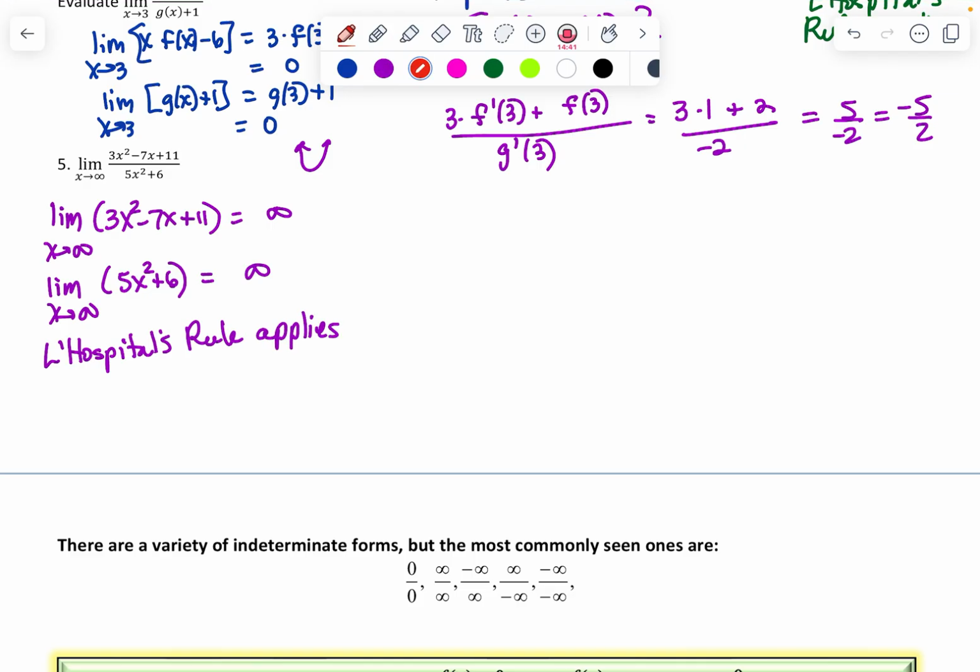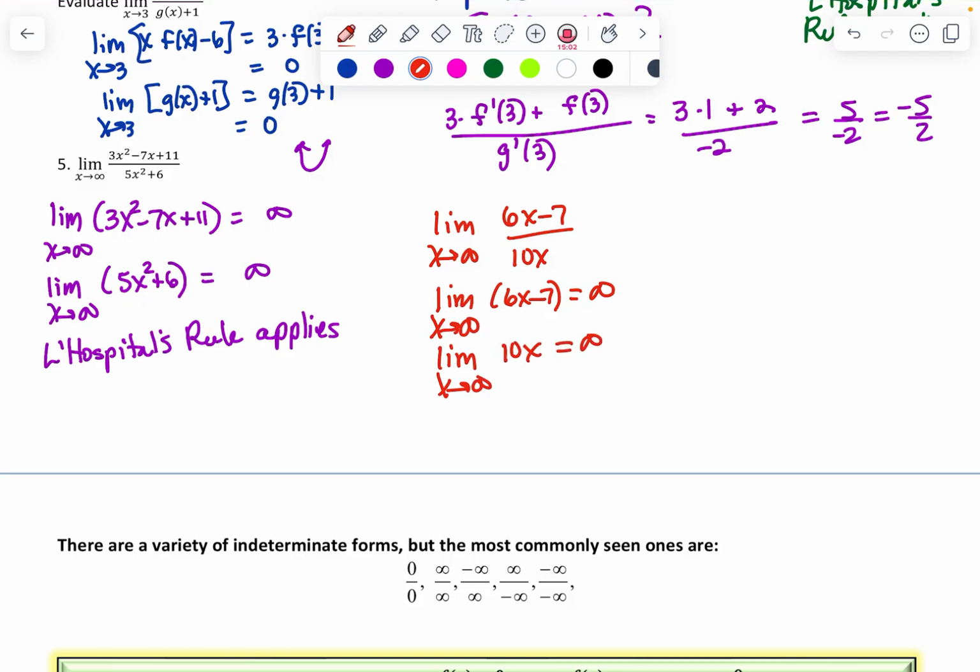So then I'm going to do the limit as x approaches infinity of (6x minus 7) over 10x. So 6x minus 7 is going to infinity, and 10x is going to infinity.